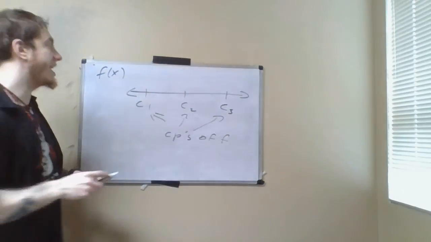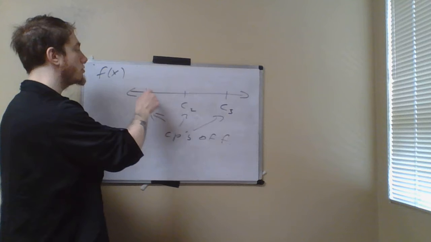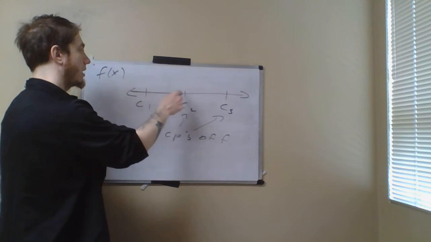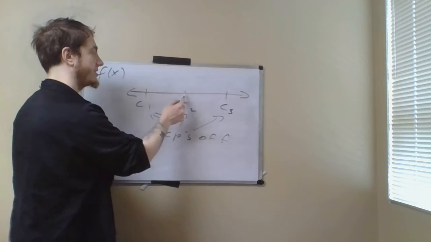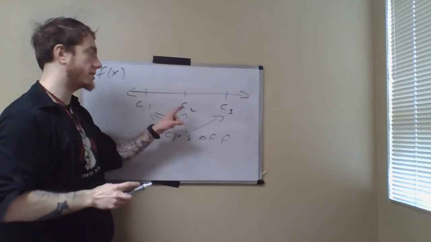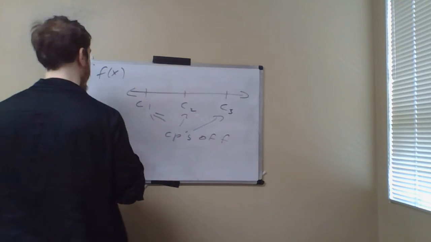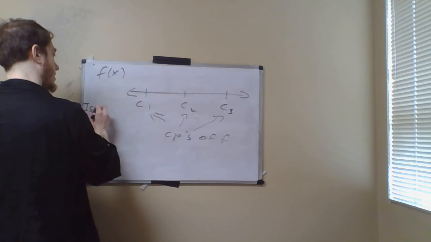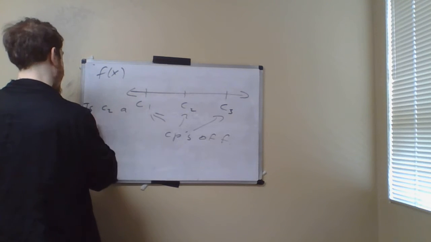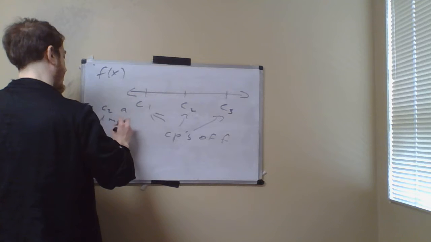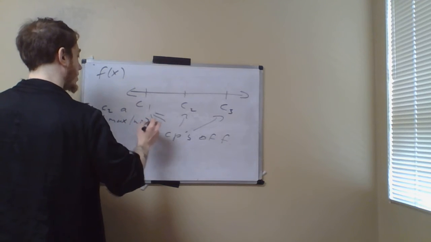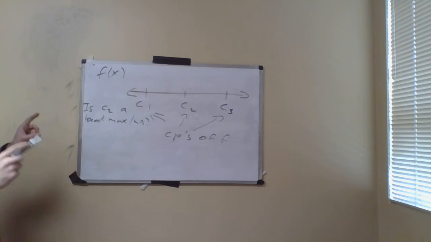Now, what I want to say is, suppose that there are no critical points between C1 and C3 except C2. So this is the only critical point in here. Here's how I can figure out, is C2 a local maximum or minimum for this function? Well, here's what I'm going to do.